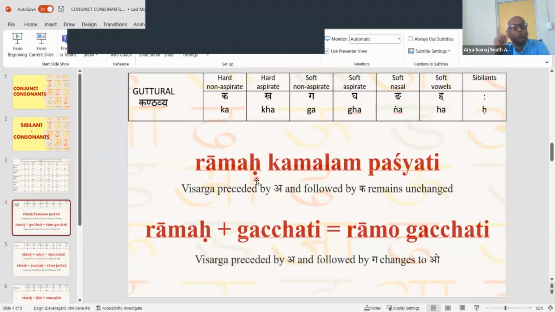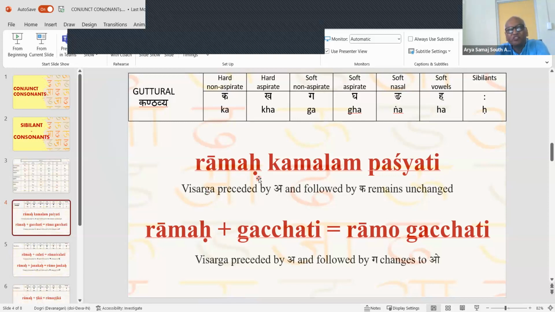There's always a rule. Even if it does not change, there's a rule why it doesn't change. I'll repeat that. There is always a rule governing the Visarga. Even if it is unchanged, there is a rule to explain why it remains unchanged.